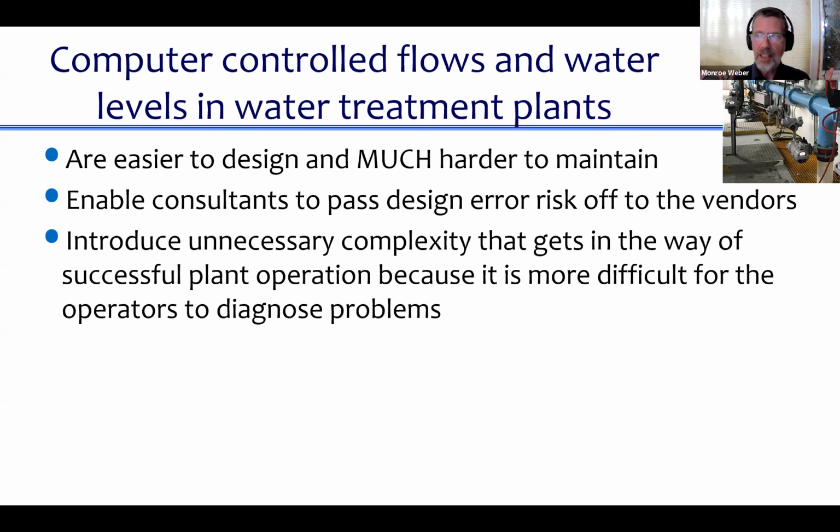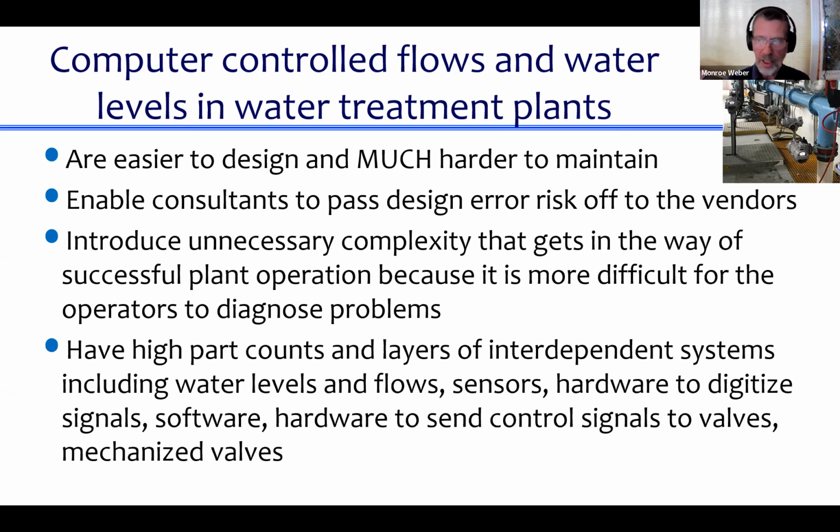It introduces unnecessary complexity, and that complexity ends up getting in the way of successful plant operation because it's more difficult for the operators to diagnose problems. With a complex system like the one I was describing, with electricity and air and valves and computer software all working together, there are so many systems built on top of each other. It's difficult to figure out what's wrong when something is wrong.